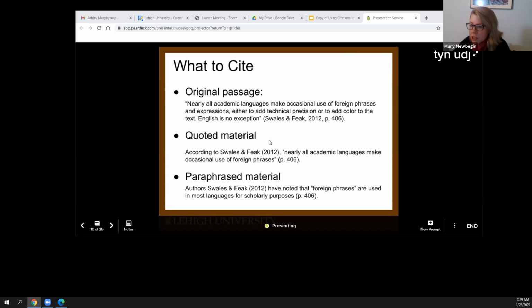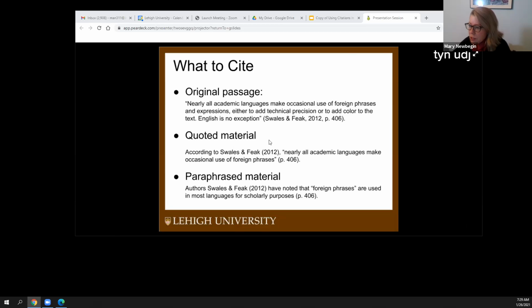Okay, are there any questions about the difference between the quoted material and the paraphrased material? Note though that even in the paraphrased material, I have that little phrase, foreign phrases, and that came directly from the original quote. So I still have to put that unique phrase in quotation marks.